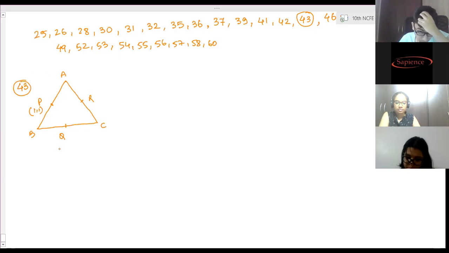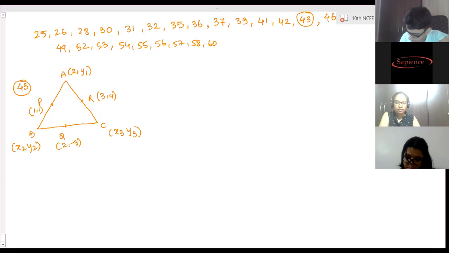Q is 2, minus 3. And R is 3, 4. We have to calculate the coordinates of A, B, and C. So we'll consider A as x1, y1, B as x2, y2, and C as x3, y3.